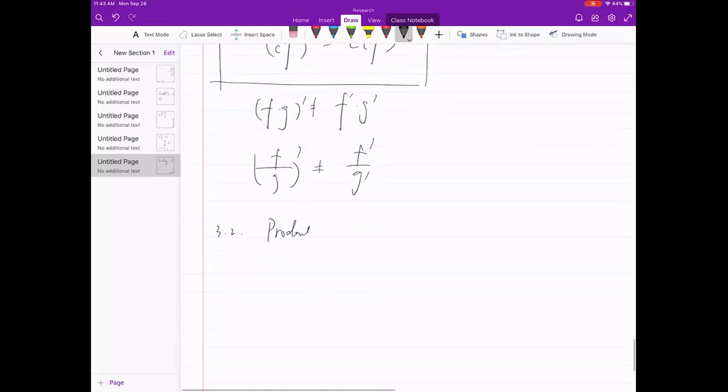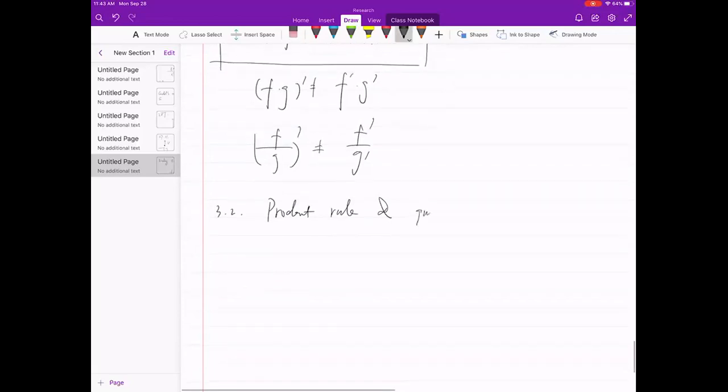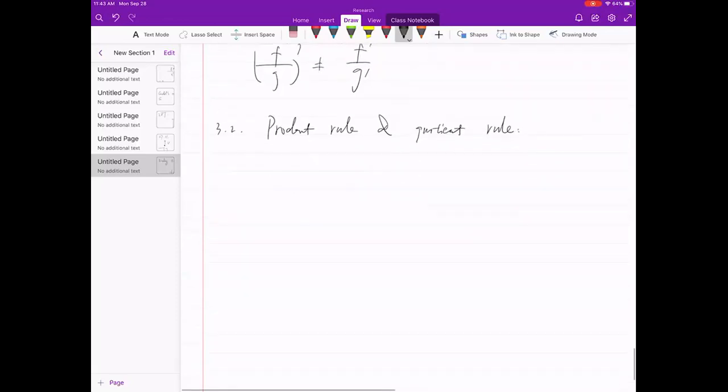The product rule and the quotient rule. How do we do times and dividing? Let's go with the product first.